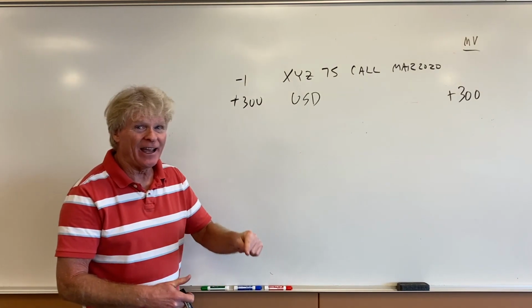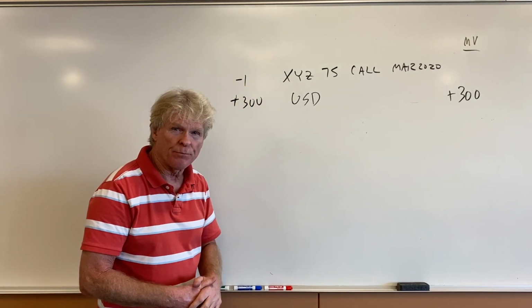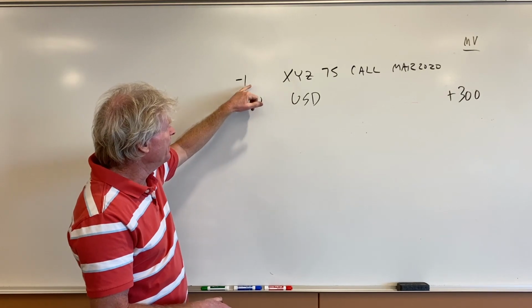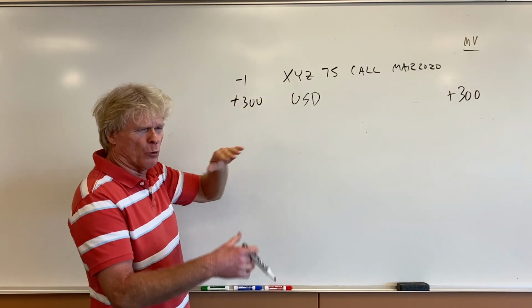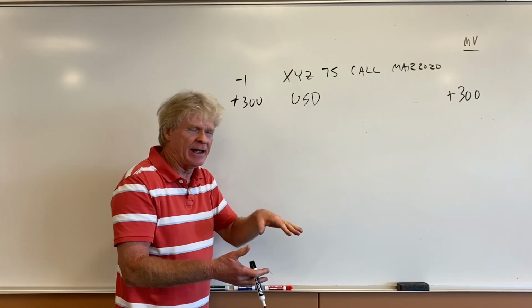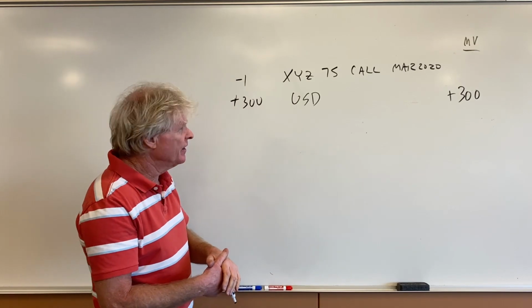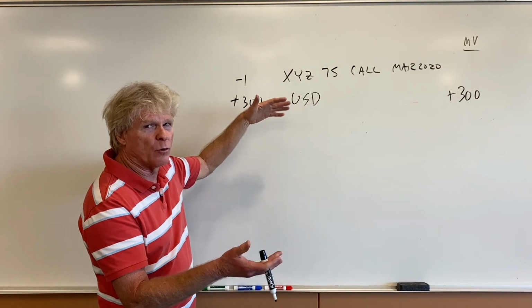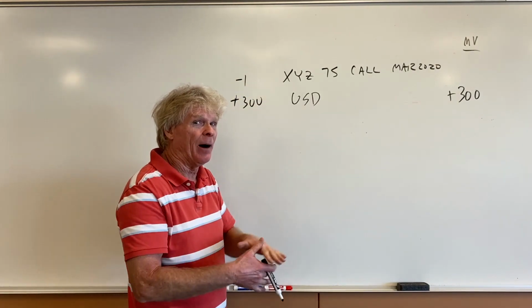And the reason I can't do that has to be evident in the statements prepared by our broker. And that's what I'm showing you here, that if I just wrote a call for $300, we're going to ignore the bid-ask spread right now. Let's just assume that $300 is the current price of the call, the relevant quote for the call. That means that's what I'd have to pay to buy to close.